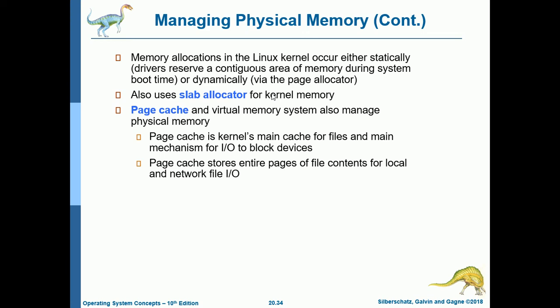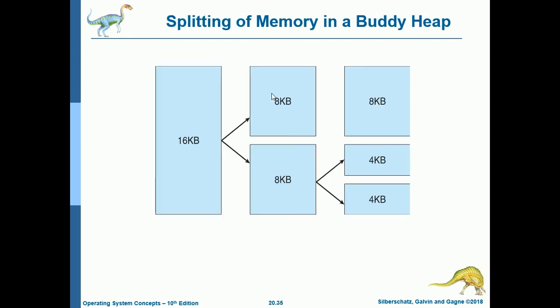The page cache and virtual memory system also manage physical memory. The page cache is the kernel's main cache for files and the main mechanism for I/O to block devices. It also stores entire pages of file contents for local and network file I/O.